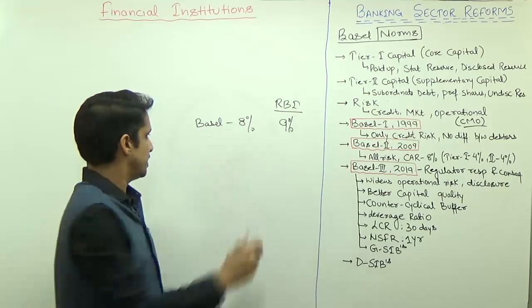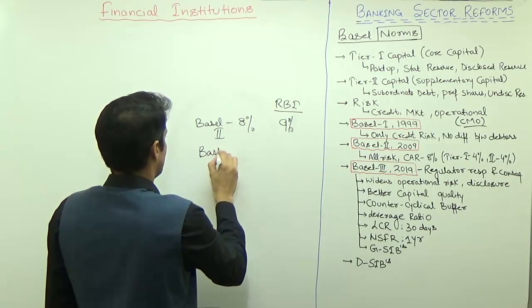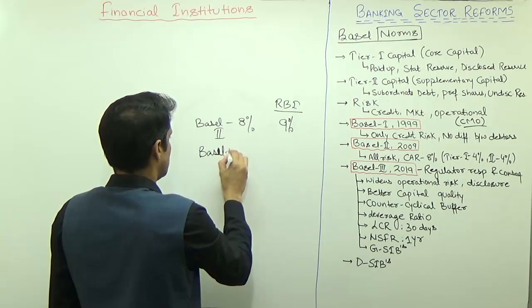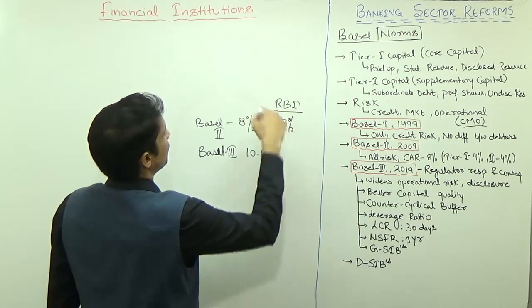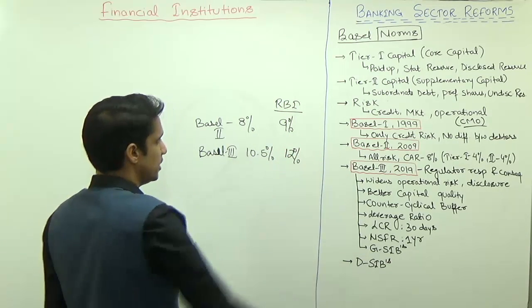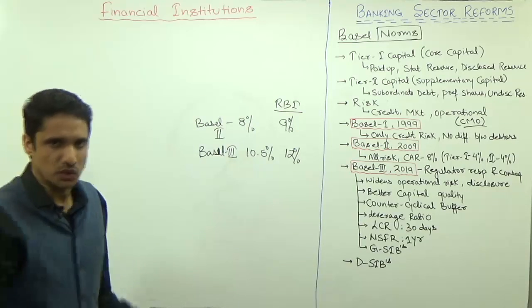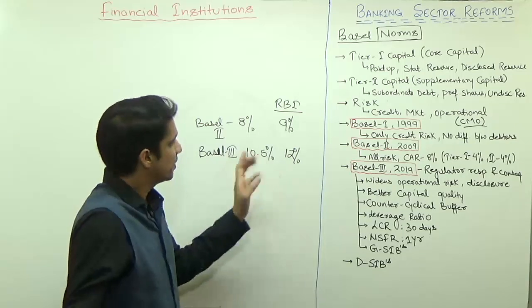So as per Basel 2 it is 8%. Similarly, as per Basel 3, it is 10.5%, and RBI is saying it will be 12%. The deadline is 2019. So exact figures we will get to know in 2018 and 19, but right now it is 12%.